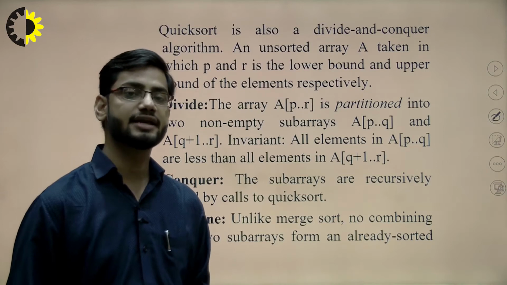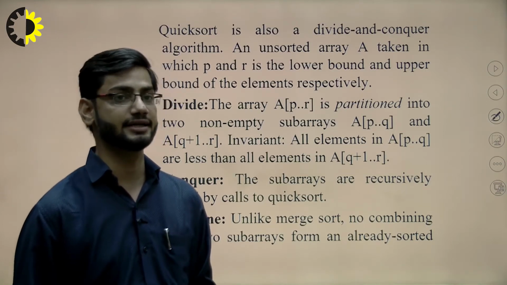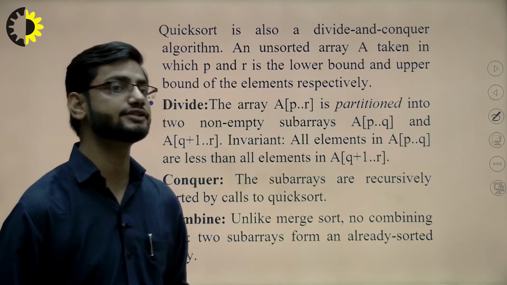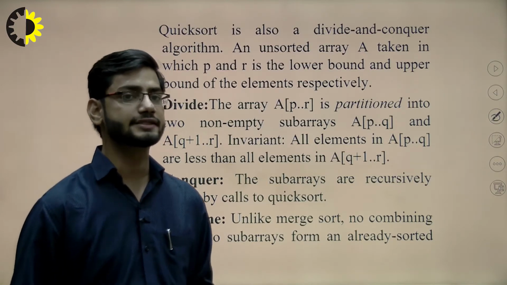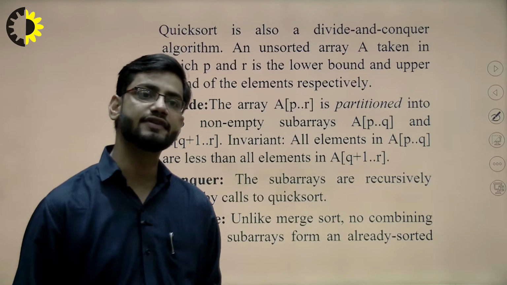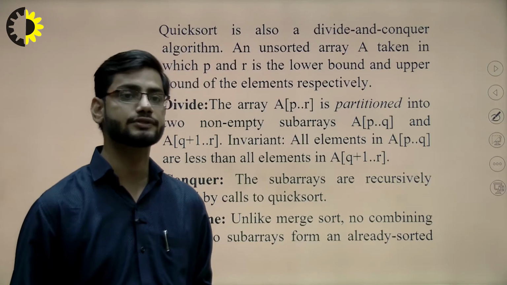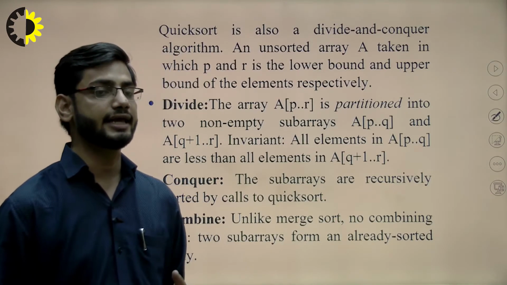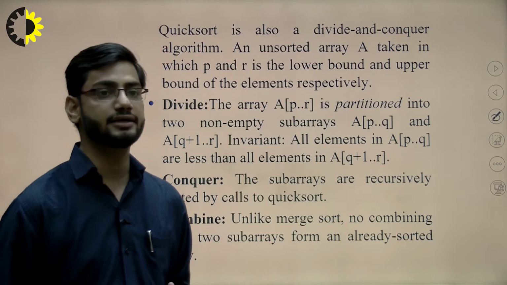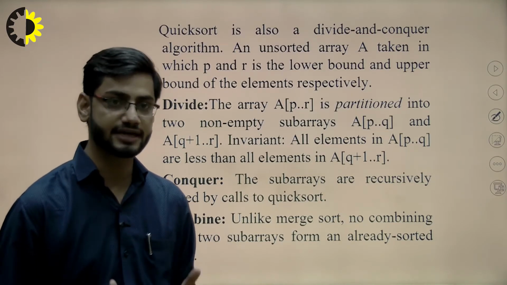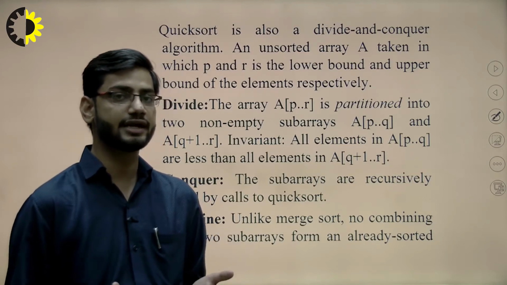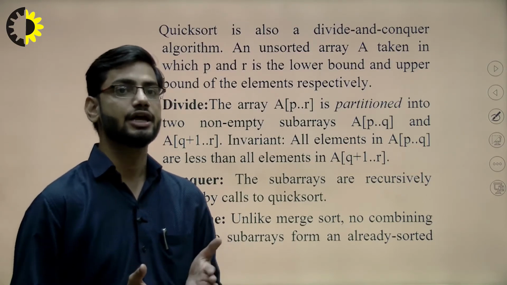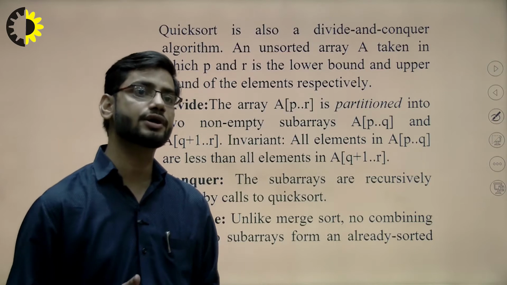One sub-array is p to q and the other is q plus 1 to r. In the conquer step, the sub-arrays are recursively sorted by calls to quicksort, and at last we combine the sorted sub-arrays to get the parent sorted array. So in this manner the divide and conquer approach works.